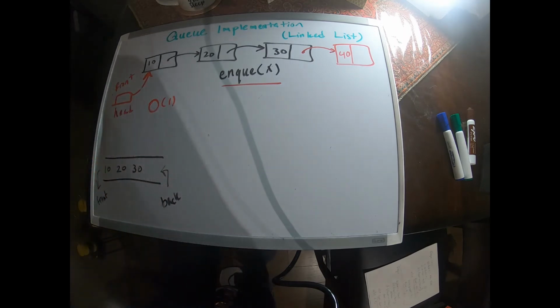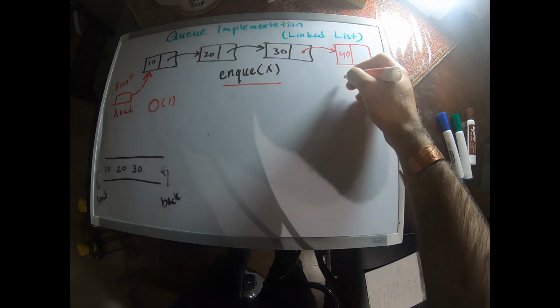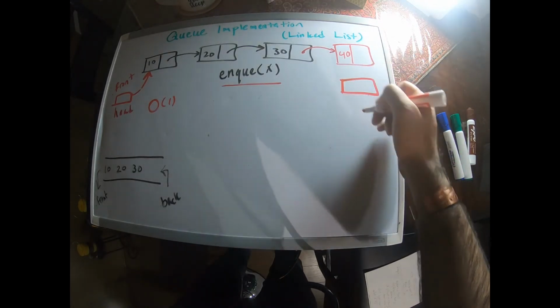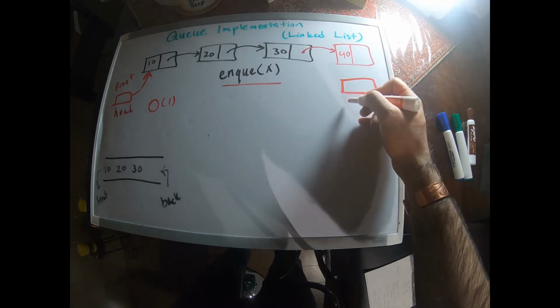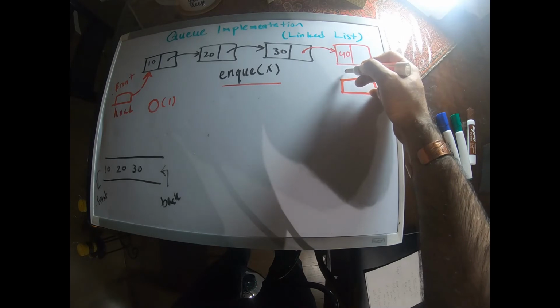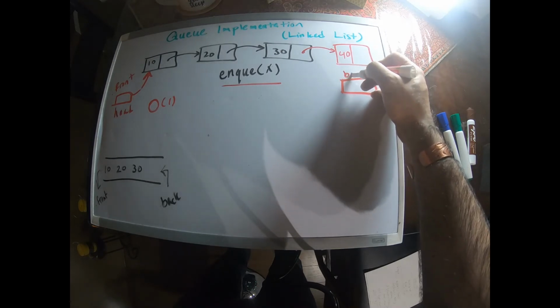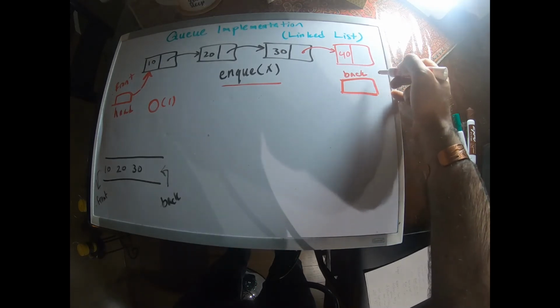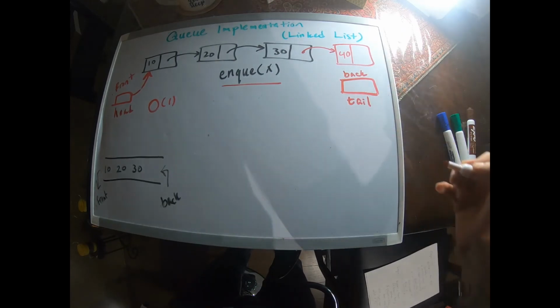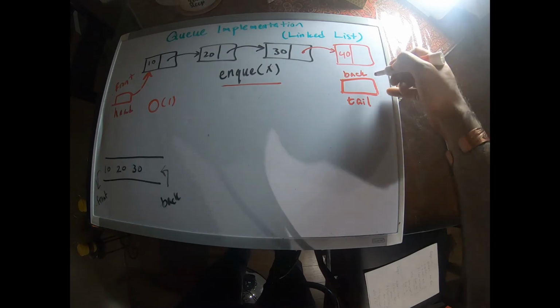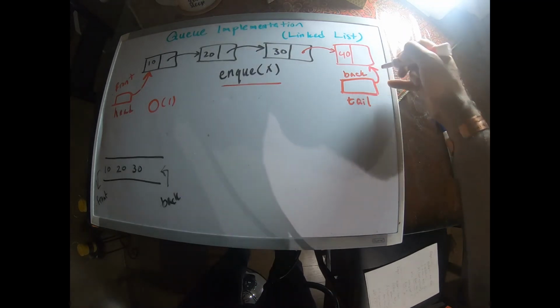So this shows that in the linked list implementation, we also need to have another pointer, which is going to be pointing to the back or rear of the queue, which is going to be the tail of the linked list.